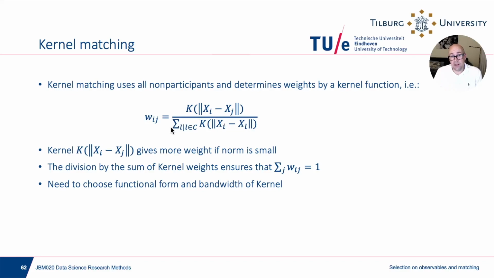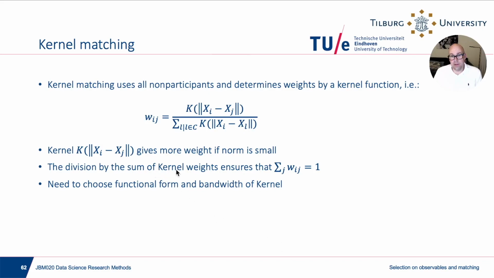And what you see here is really the weight of observation j for observation i is k evaluated at the distance between the 2 x's, and here in the denominator you simply see all the weights for all the observations in the control group added up, so that the w_ij's will sum up to 1.